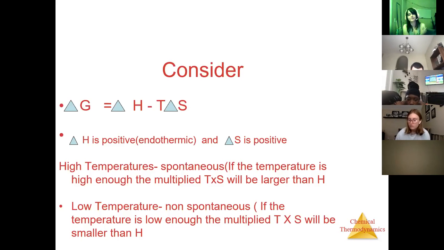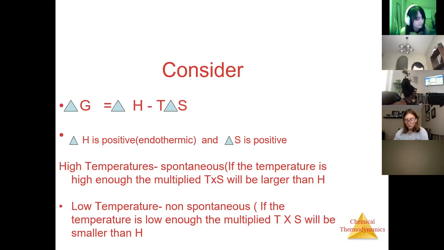Okay. So if I have a reaction that is endothermic and I have an increase in entropy, at high temperatures the second term becomes larger than the first, and I'm going to have a negative delta G. It will be spontaneous.